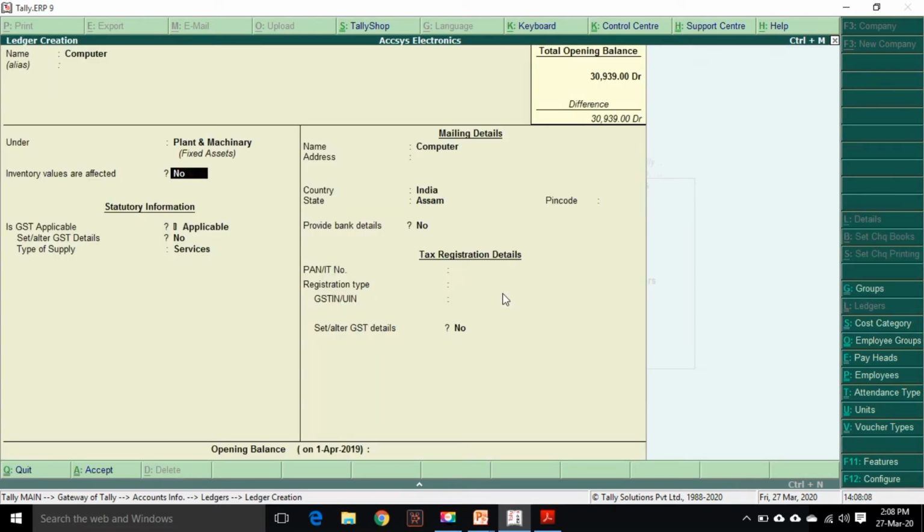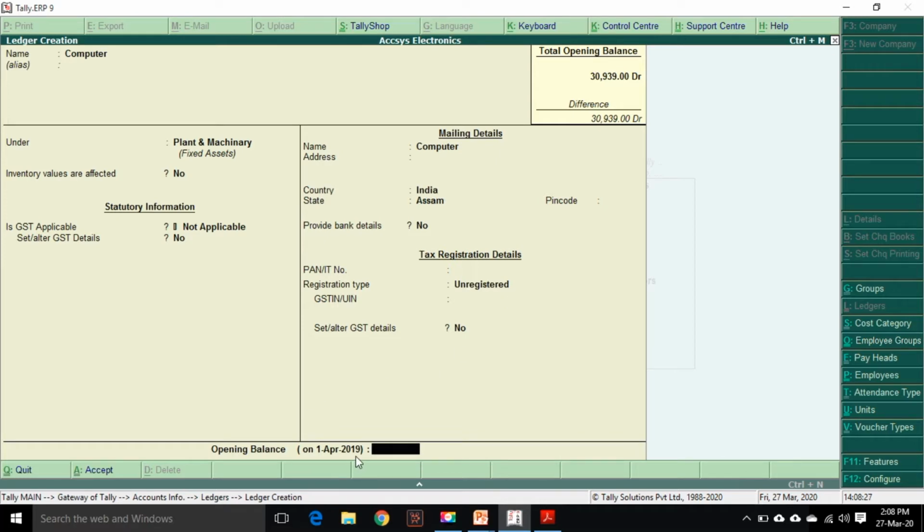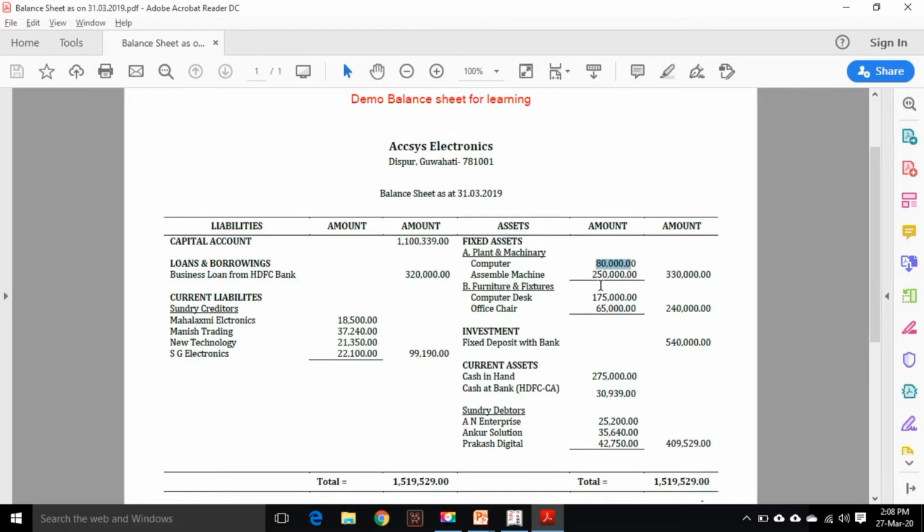Inventory is not affected. GST as of now, make it not applicable. The information is not required. Here you see the opening balance as on 1st April 2019. Here we have to put the value. Our opening balance is 80,000.